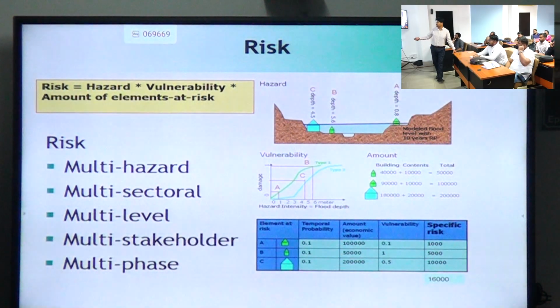And you see here vulnerability is the damage category. And if you look at the meter, it's the meter in depth, right? You see here A is totally submerged. Now A depends on the different types. You have A, B, C. A, C, B, right? So what is happening here?